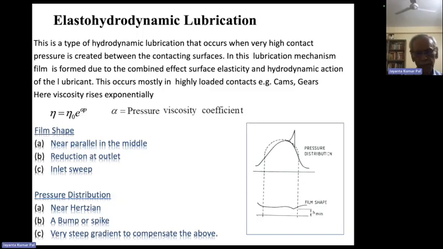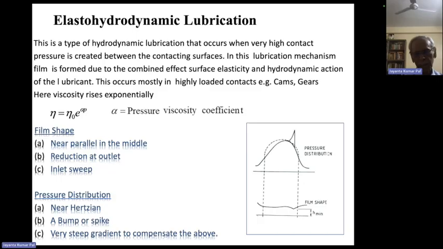Let us look at the film shape and the pressure distribution. Film shape is fairly parallel in most of the contact zone, but only at the end there is a dip that decides the minimum film thickness.